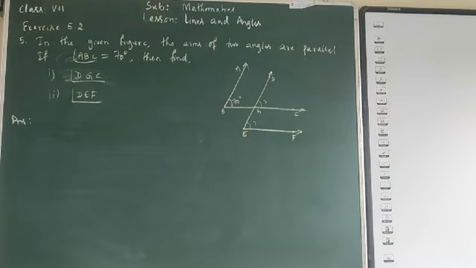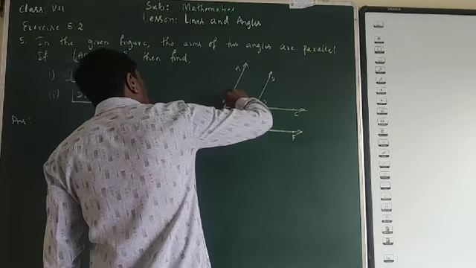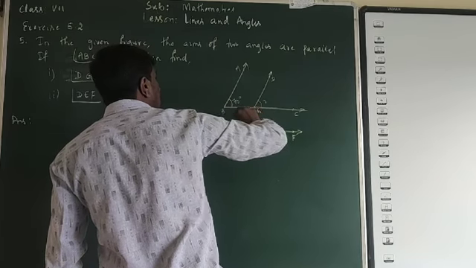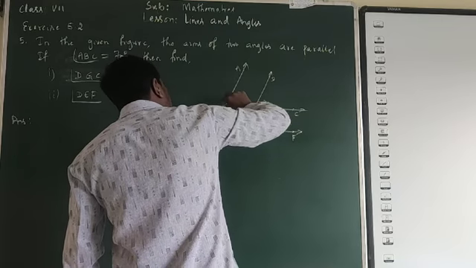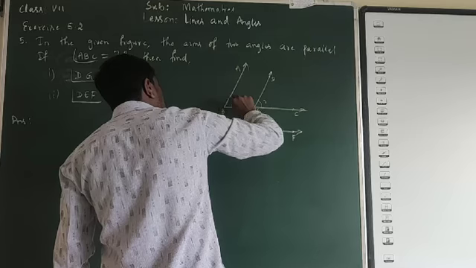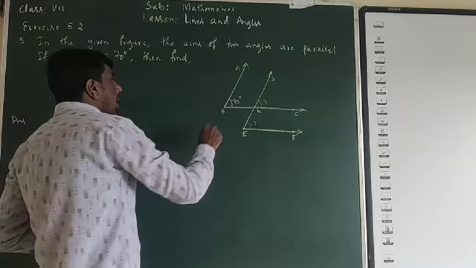Okay. So now given is this. Now look at this. Arms of two angles are parallel. So that means AB is parallel to GD, and BG is the transversal. This means what are these two angles? These two angles are corresponding angles.